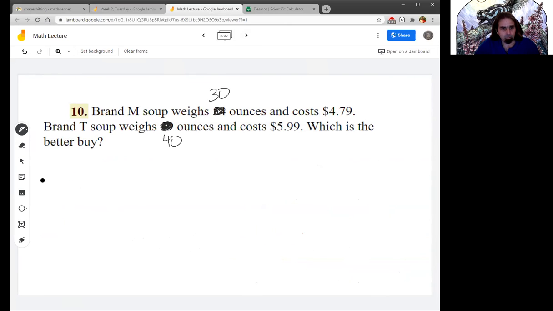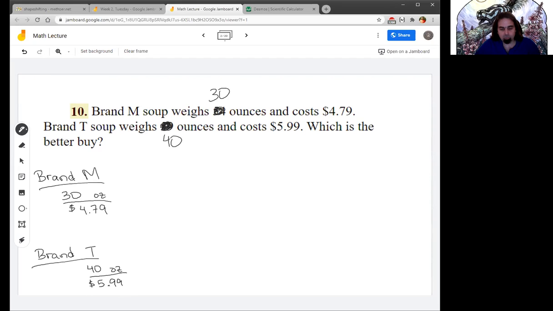So brand M is 30 ounces and $4.79. Brand T is 40 ounces and $5.99.